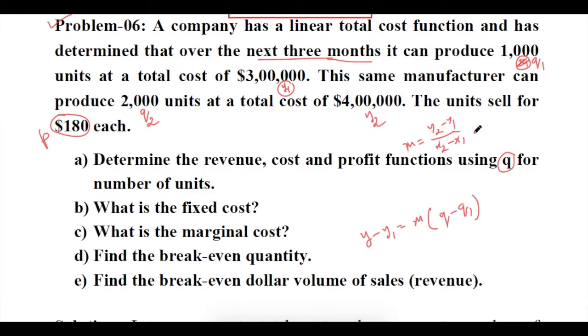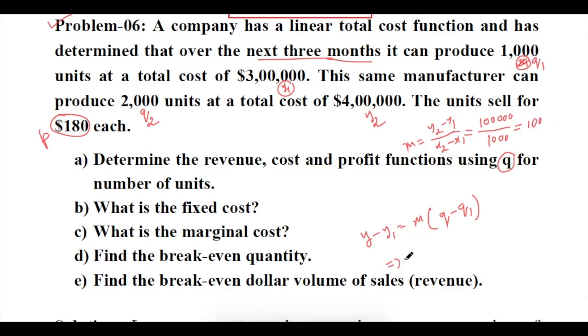These things we discussed before in our previous classes. So y2 is 400,000 and y1 is 300,000, so y2 minus y1 will be 100,000 and x2 minus x1 will be 1000. So m equals 100.